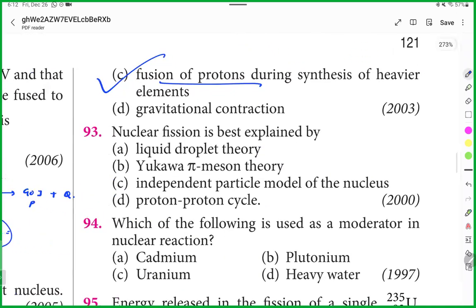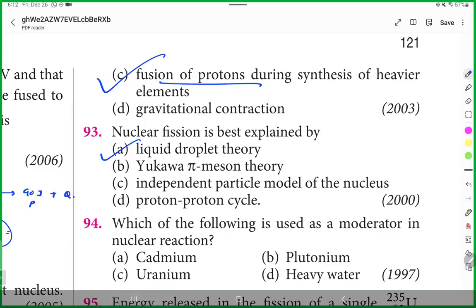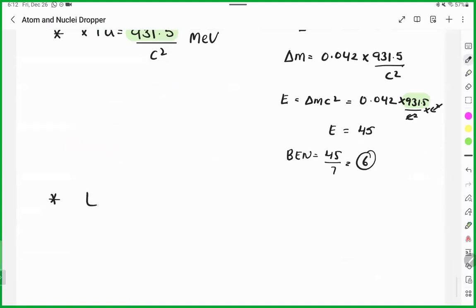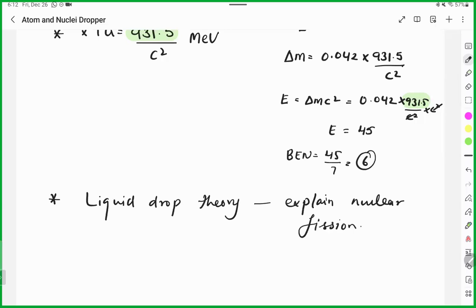Sania, nuclear fission is best explained by liquid drop theory. So you can add liquid drop theory explained nuclear fission. There are many concepts which are used to explain nuclear fission, nuclear fusion, and liquid drop theory is one of the popular concepts.